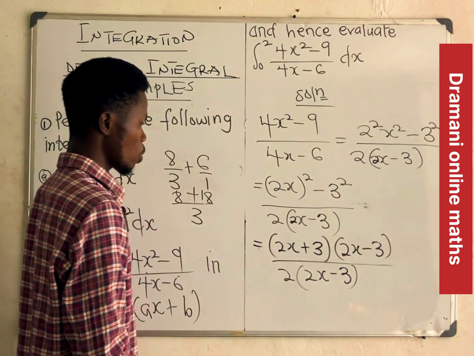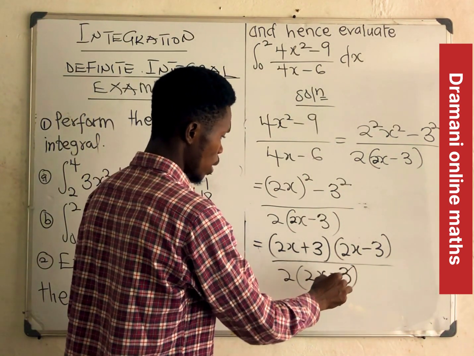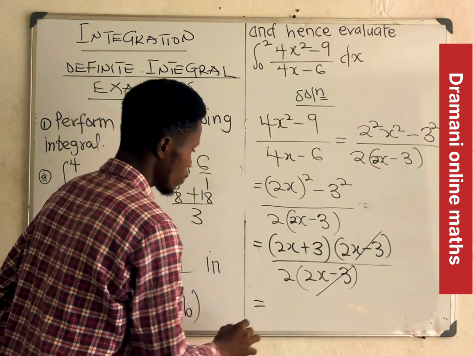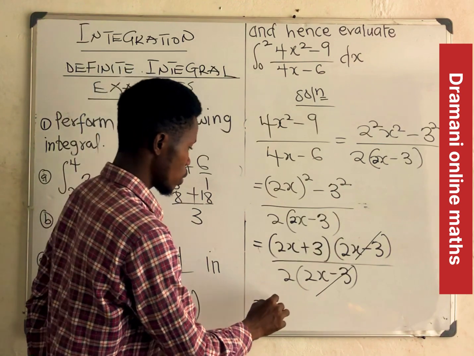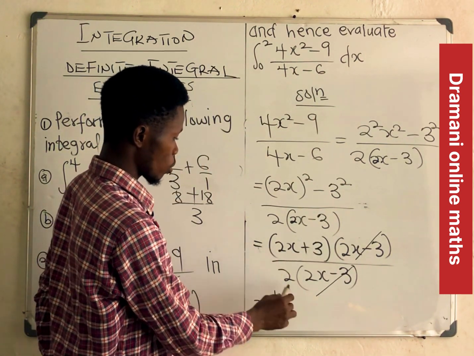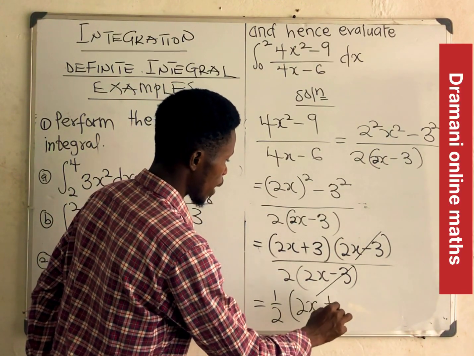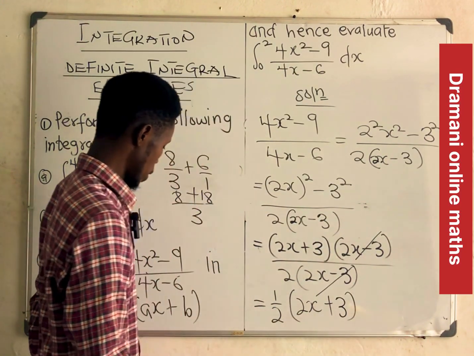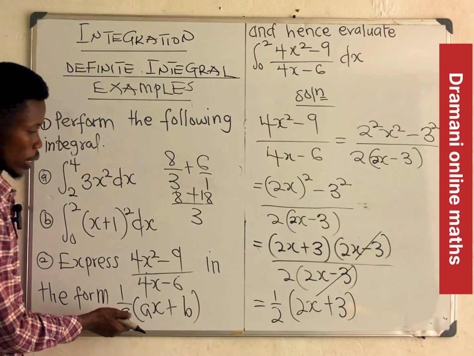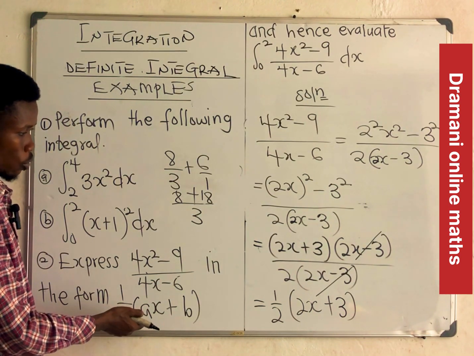Is that okay? So looking at this, 2x minus 3 cancels with this one. Then we have 1 over 2 bracket open 2x plus 3. So you can see this and that are the same. It means that we are able to express it in the form of what?